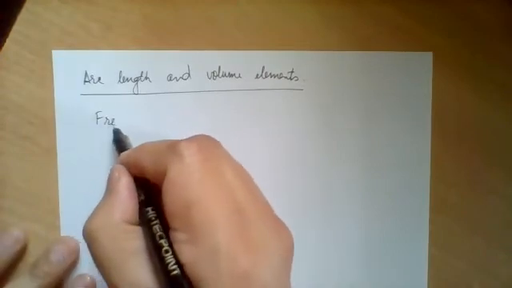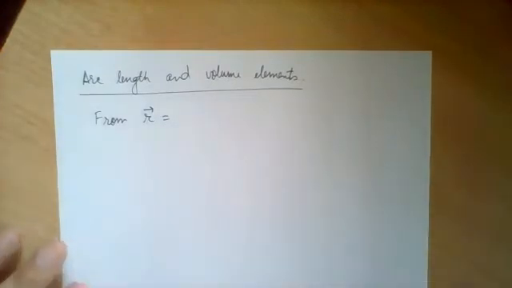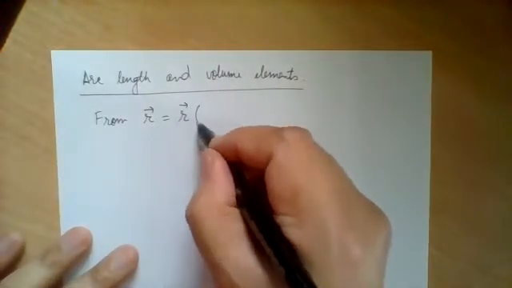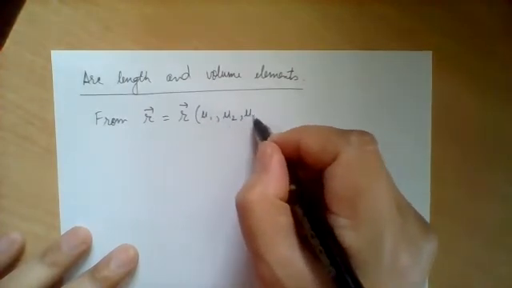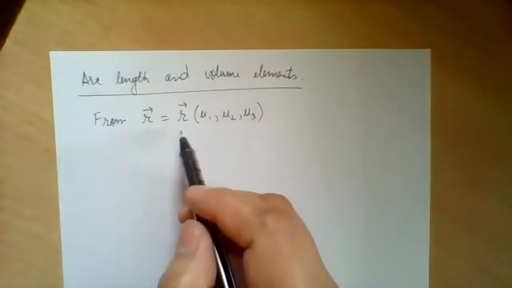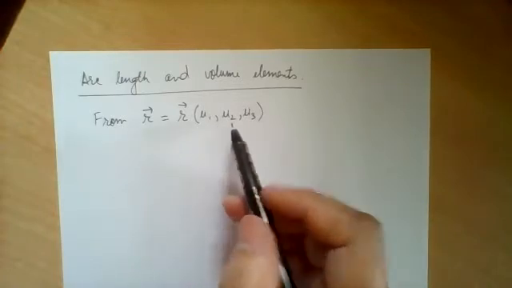From the position vector R in a curvilinear coordinate system, we know that the position vector of a particle depends upon the three curvilinear coordinates u1, u2, u3.